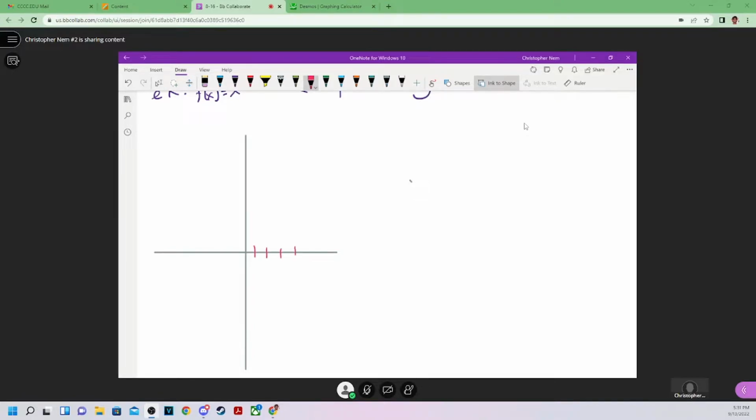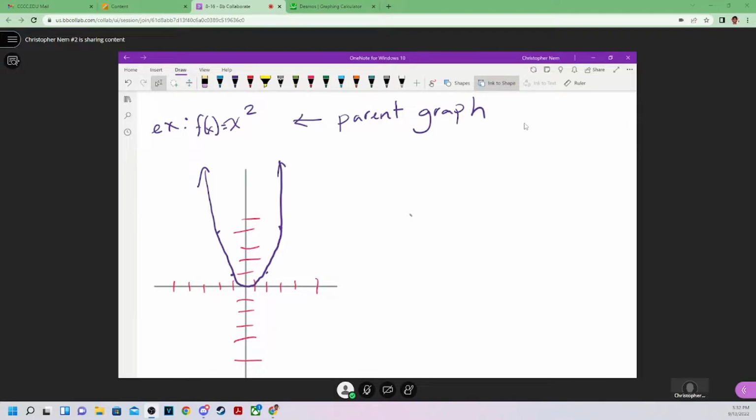It'll have a relative shape located at the points (1, 1) and (2, 4) on each side. I do these points because sometimes I struggle in drawing the parent graphs themselves unless I draw key points. Something along these lines. All right, it's a parabola. So this is your parent graph, f of x equals x squared.